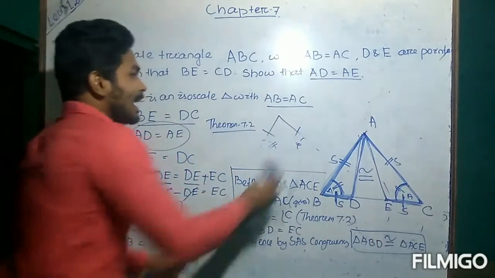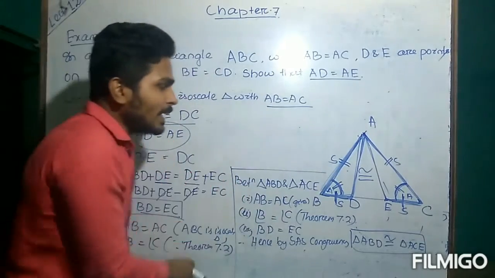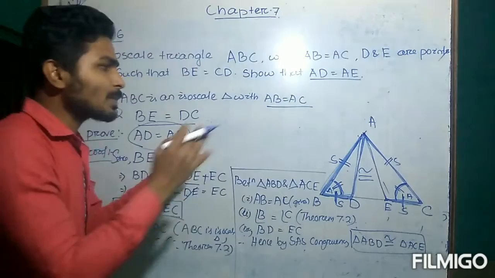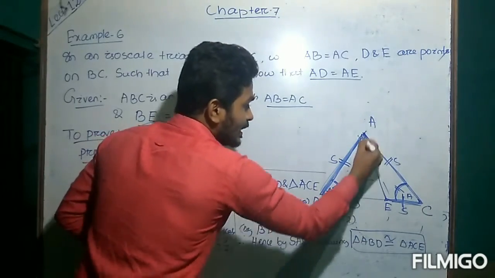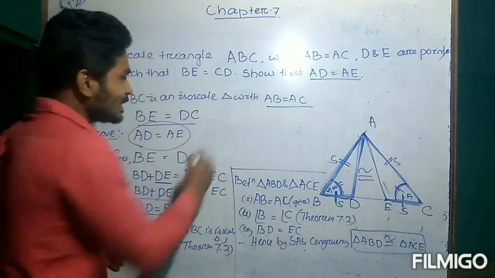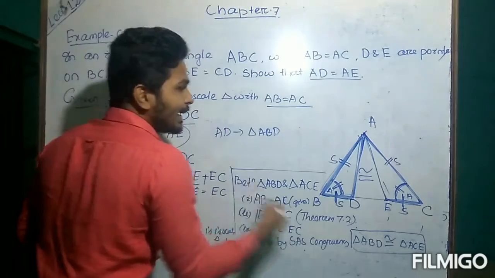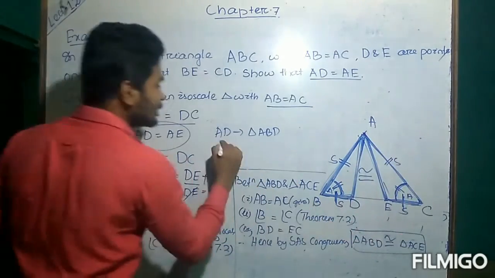Now remind the axiom number 7.2. According to axiom 7.2, we know if any two triangles are congruent, then their corresponding parts, corresponding sides, corresponding angles must be equal. Now, AD is the corresponding side of which triangle? ABD triangle. Isn't it? AD is the corresponding side of ABD triangle, and AE is the corresponding side of ACE triangle.